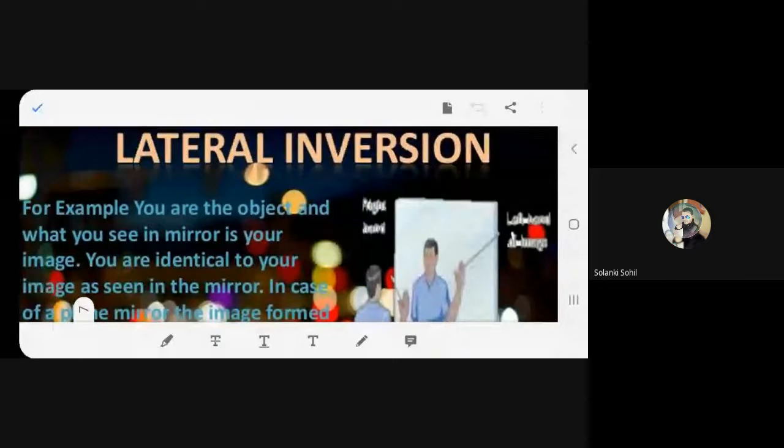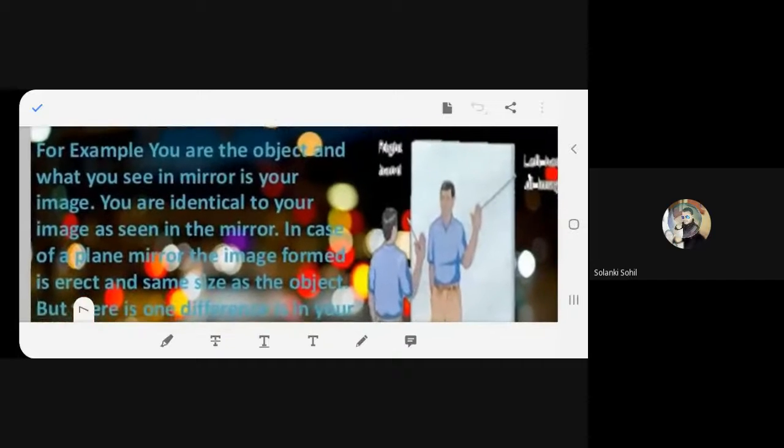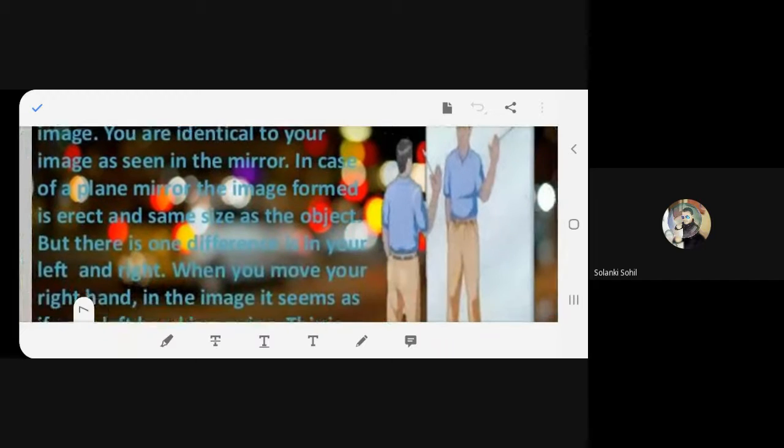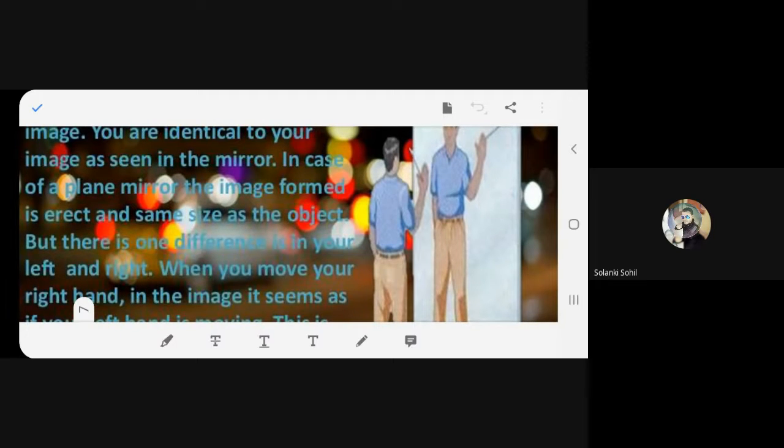For example, you are the object and what you see in the mirror is your image. You are identical to your image as seen in the mirror. In case of a plane mirror, the image formed is erect and the same size as the object, but there is one difference in your left and right.